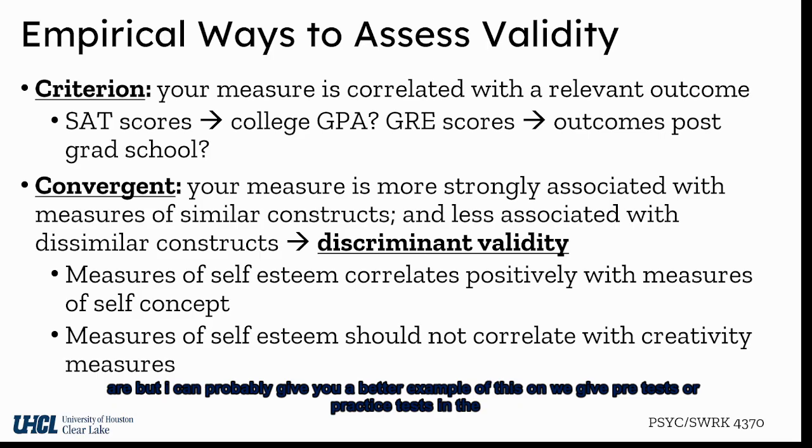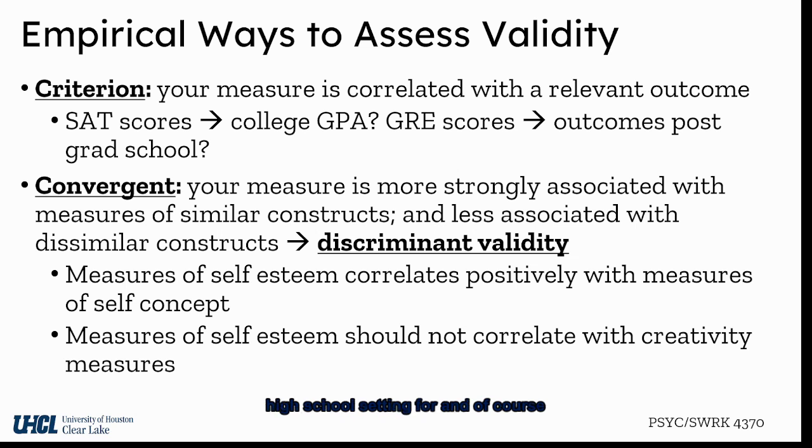We give pre-tests or practice tests in the high school setting for end-of-course state-tested subjects, like I teach biology, for example. And if I give a practice assessment to my students, and that practice assessment is correlated with them passing the state test, then I know that I've got criterion validity for the things that I'm asking for on that practice test.